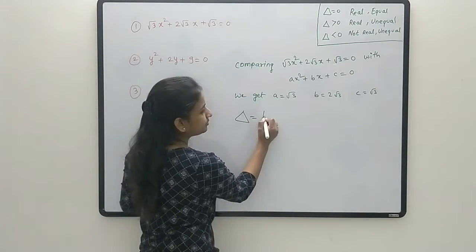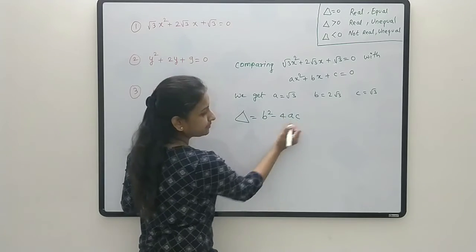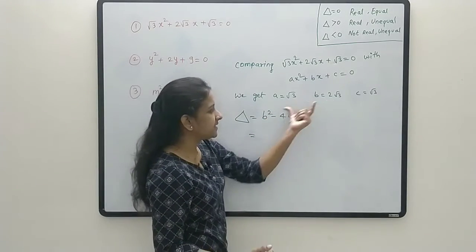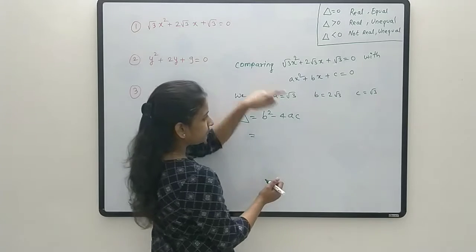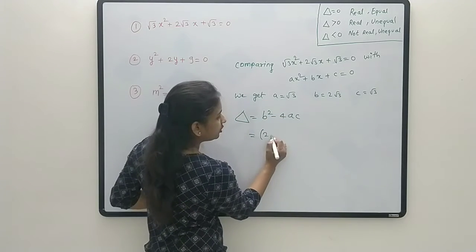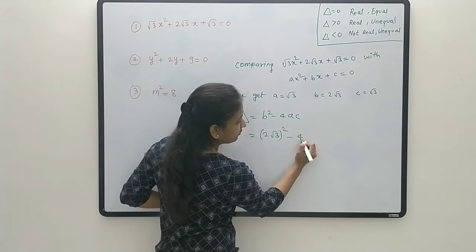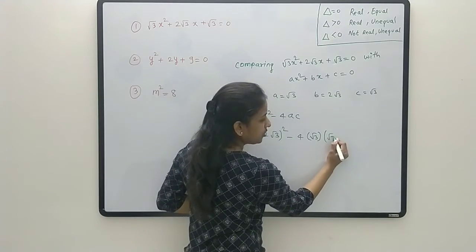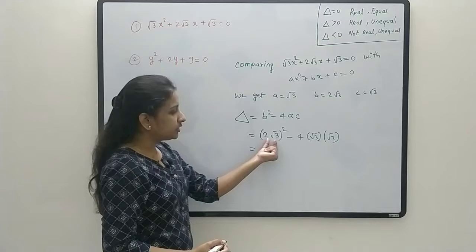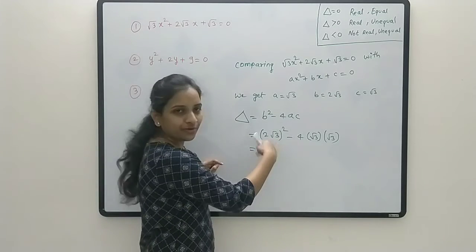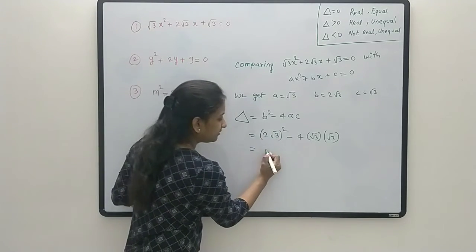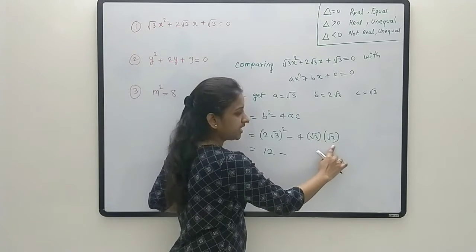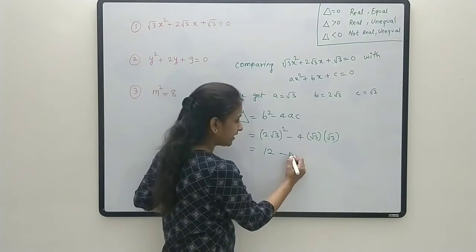Delta is equal to b square minus 4ac. Now let's substitute these numbers here and find the delta value. b square means 2 root 3 square, minus 4 into a into c. Now 2 root 3 square: root 3 square is 3, 3 into 4 is 12, minus root 3 into root 3, 3 into 4, 12.